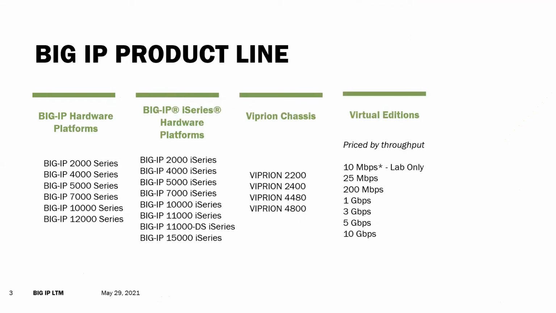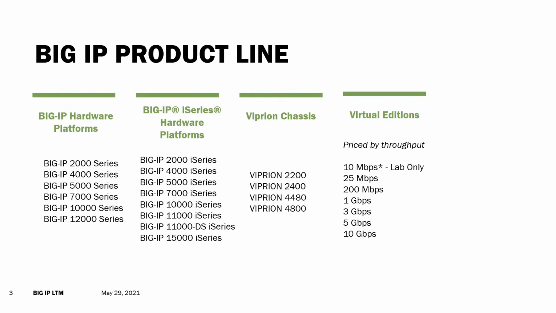Right, so now we are quickly jumping to have an overview of the BigIP product line. As of now, BigIP is offering a lot of platforms. I've mentioned some of them which are commonly used.